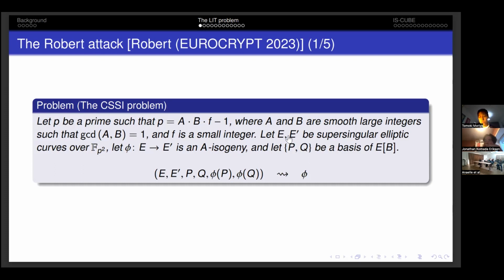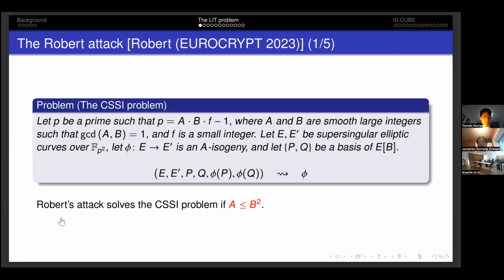And let E and E' be supersingular curves over F_p squared, and phi is an A-isogeny. And let P, Q be a basis of the B-torsion subgroup of E. And in this situation, from E and E' and P, Q and phi(P), phi(Q), compute the hidden isogeny phi. This is the CSSI problem.